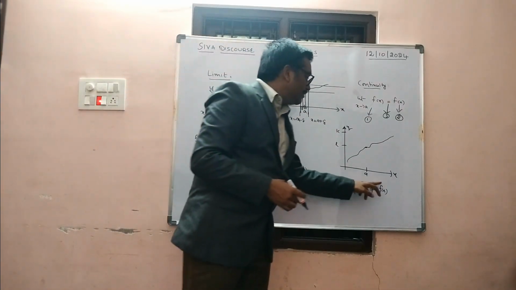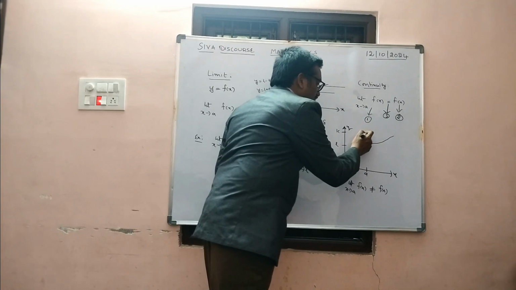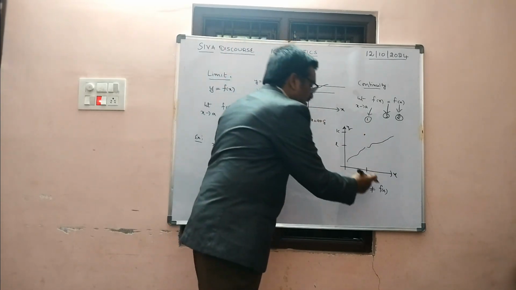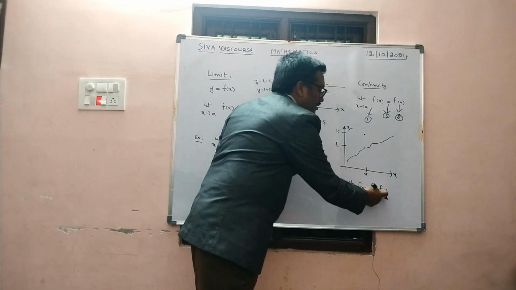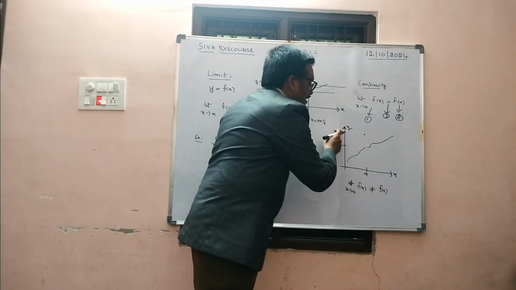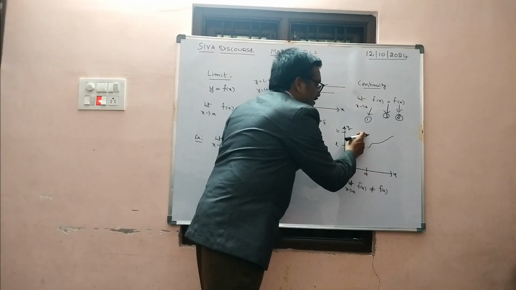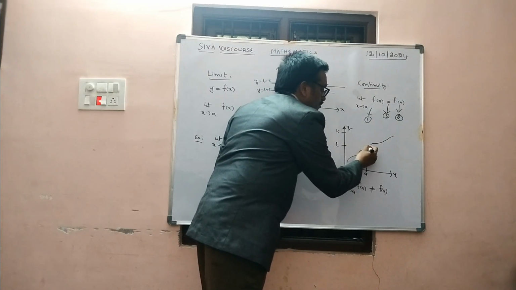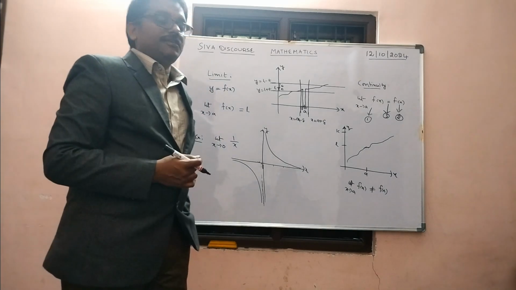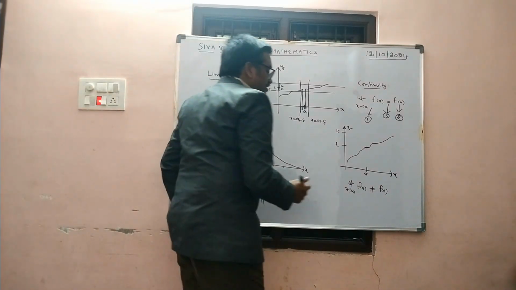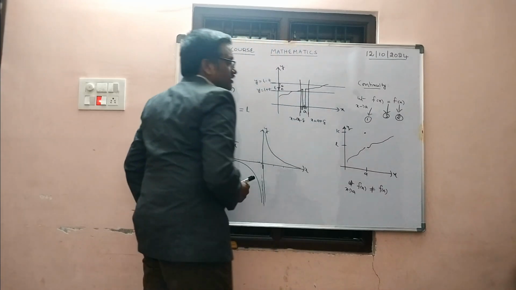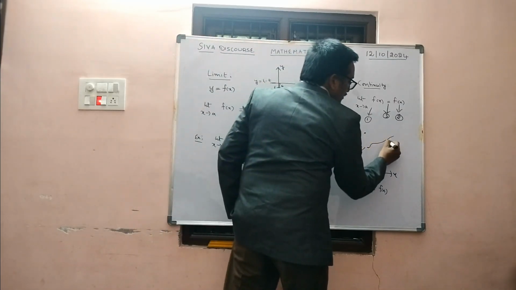If you change the function value from k to L, placing this dot here, we can make the function continuous. That's why it is called removable discontinuity. This is the discontinuity of the first kind.